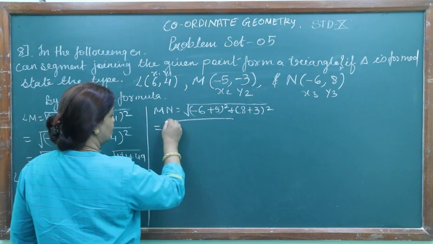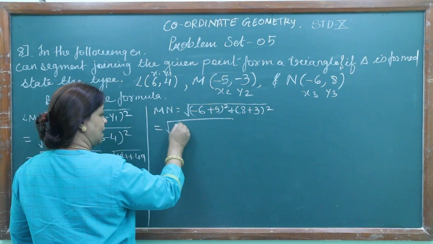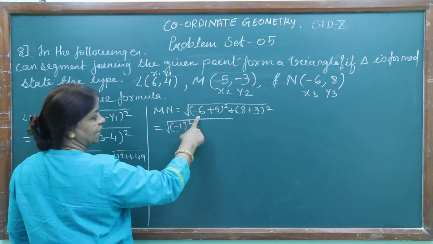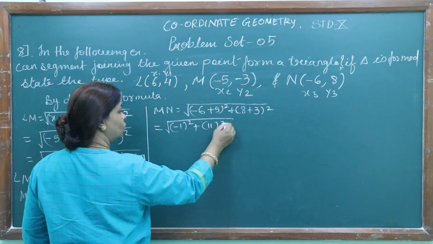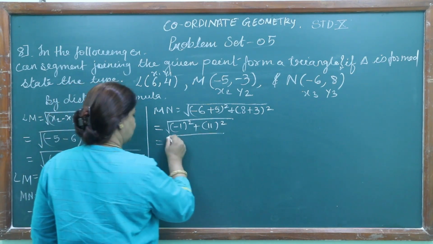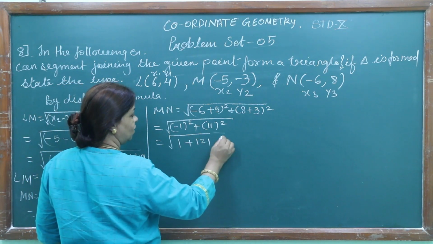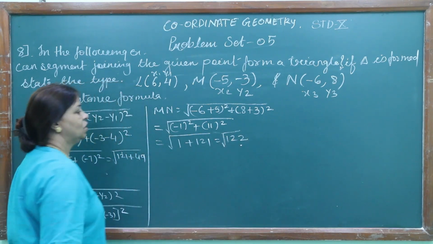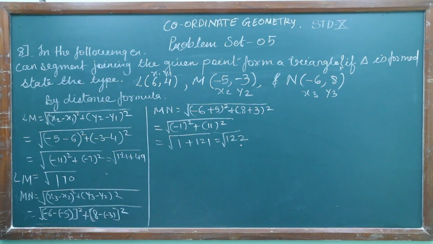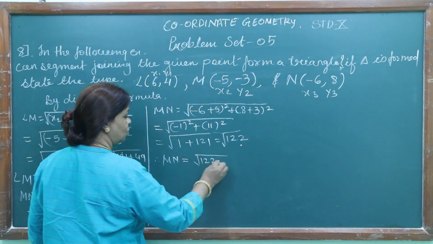Under the root, one is minus, one is plus, so there will be subtraction. Minus 1 the whole square, sign of greater number, plus 8 and 3 is 11. So 11 the whole square, which is equal to 1 plus 121, that would be 122 under the root. So MN we got is under the root 122.